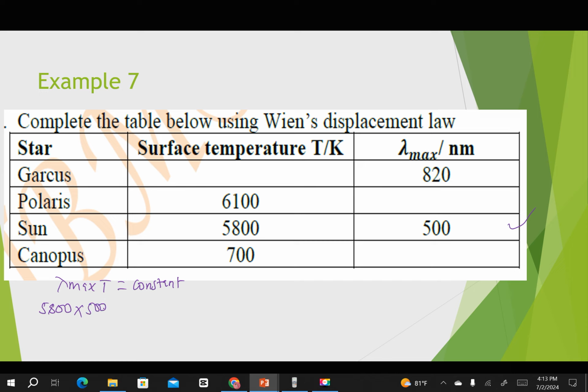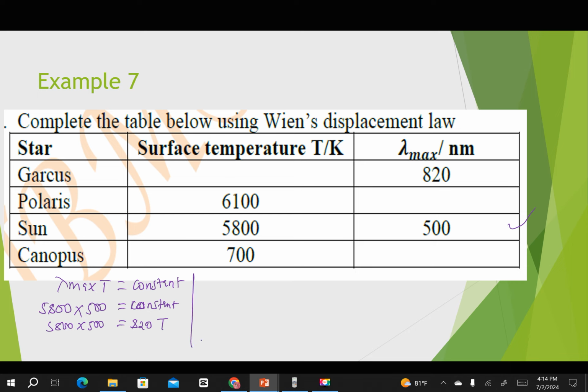That is temperature times lambda max equals a constant. So for the other temperatures, for the first one, I will say 5,800 times 500 is equal to the wavelength, 820, times temperature, which is T.